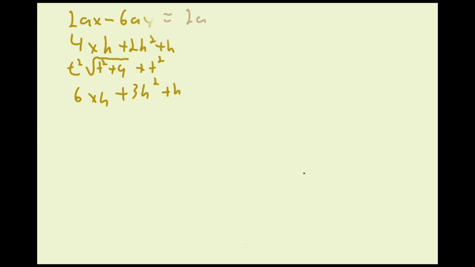So 2a times (x minus 3y). Because we took the 2a out of here, so we're just left with x. Then with 6a, we took out this a, and we divided this 6 by 2, which gave us 3. On to the next one.